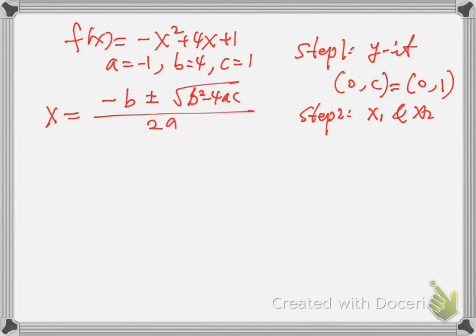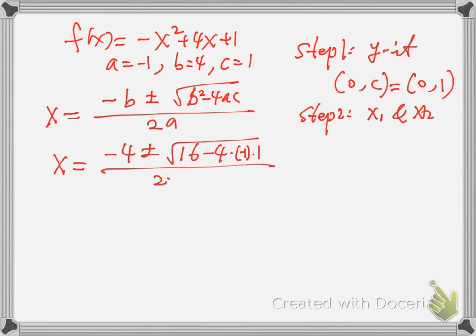So x is negative 4 plus minus the square root of 16 minus 4 times negative 1 times 1, divided by 2 times negative 1. So x is negative 4 plus minus radical 20, since under the radical sign is 16 plus 4, divided by negative 2.